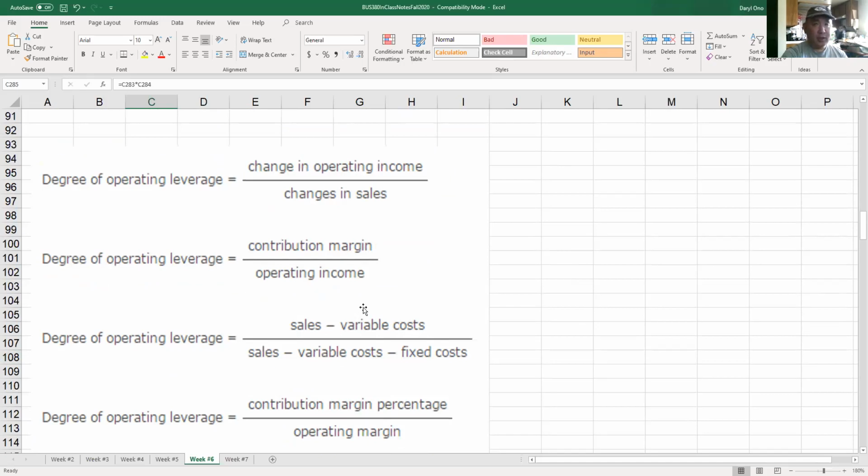Okay, so it's easy enough to understand what the leverage formulas are. But in a test situation or in real life, you have to understand what information is being provided to you. Once you know what information is being provided to you, then you'll know which of these formulas you have to use.